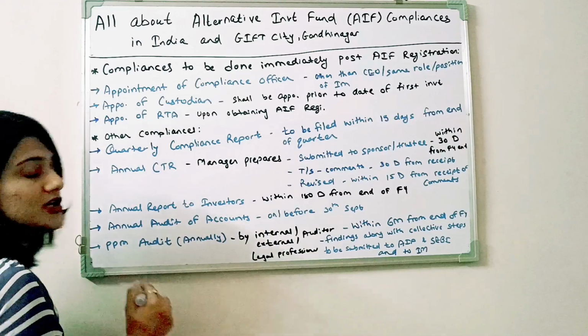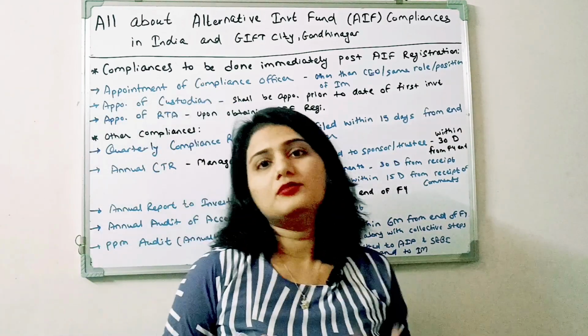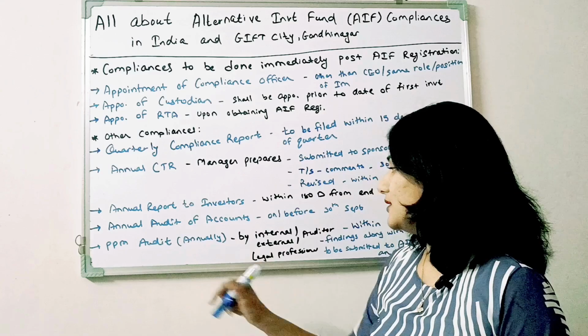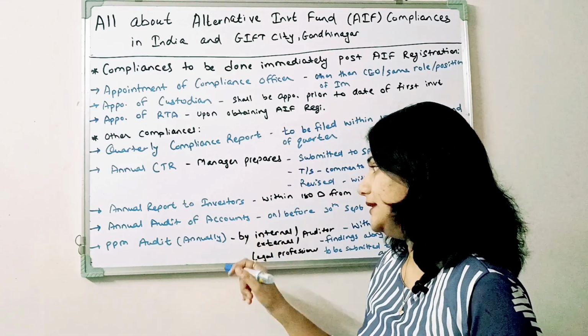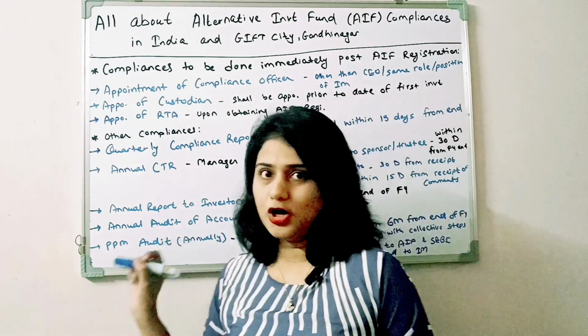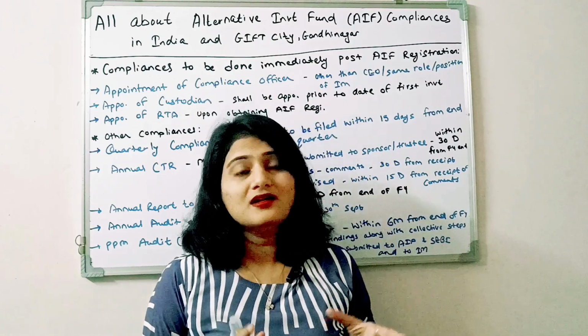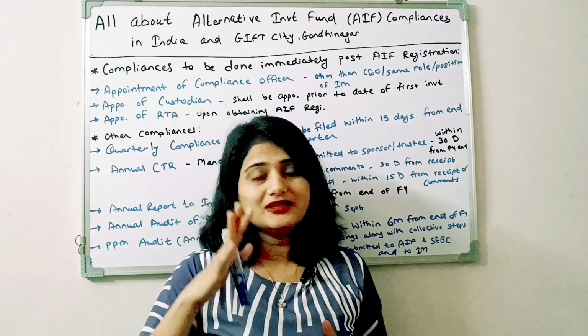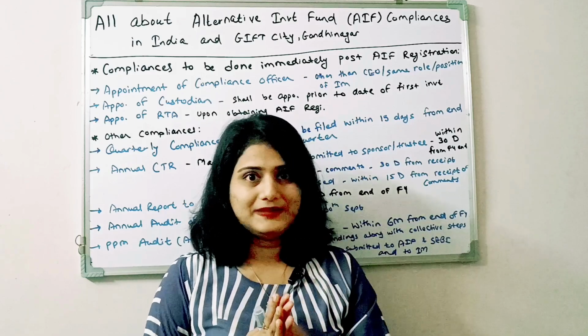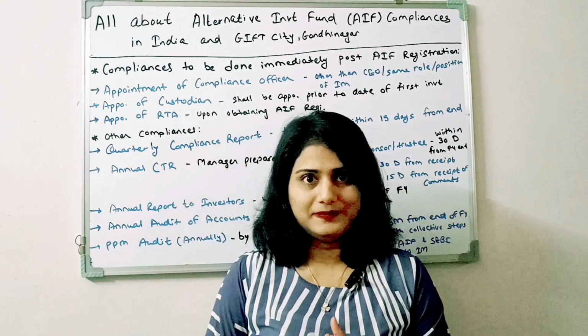Now this is very important, the PPM audit, which is also done annually. Private placement memorandum audit. This audit is particularly done to ensure that the AIF is complying with whatever is mentioned in the PPM. It is going along with the PPM.